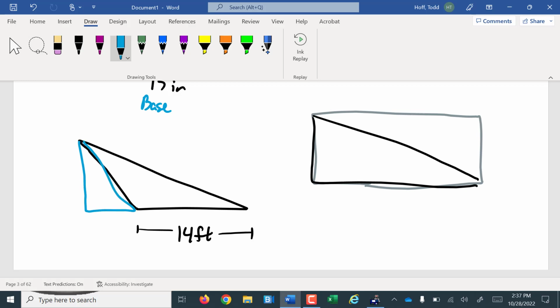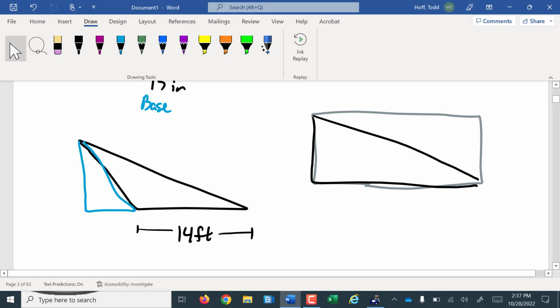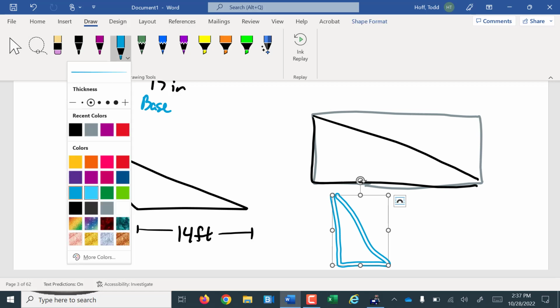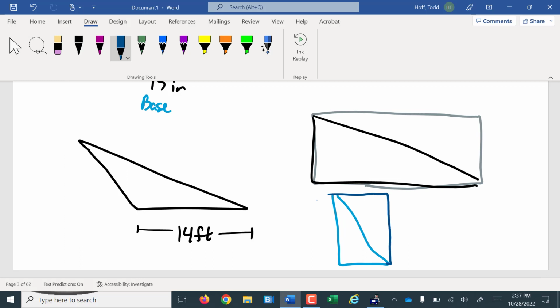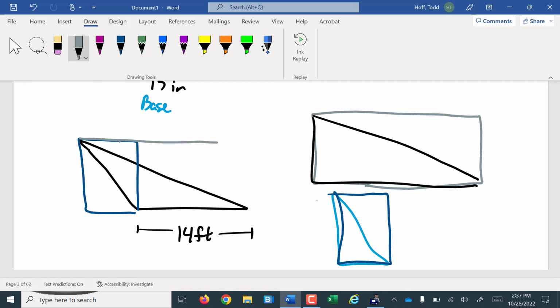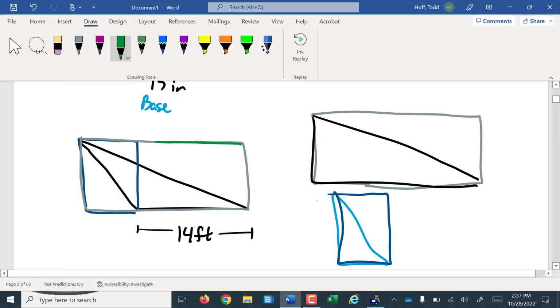Well, that blue, if I move it over here, is part of that related rectangle. So I have the blue rectangle like that. I have the gray rectangle out here. Well, we'll need a third rectangle. Let's put a green one in here for this.